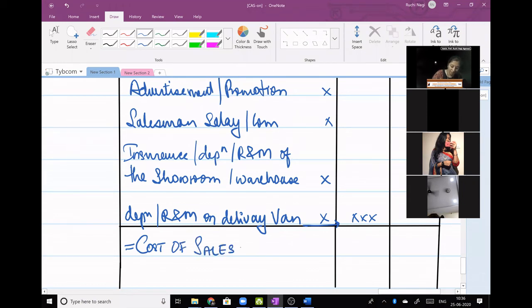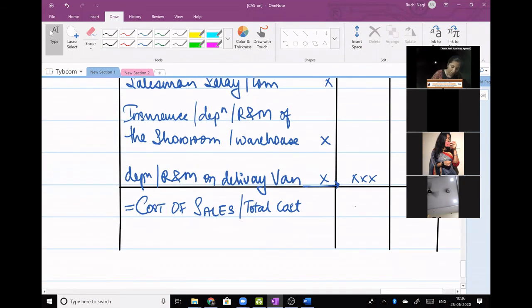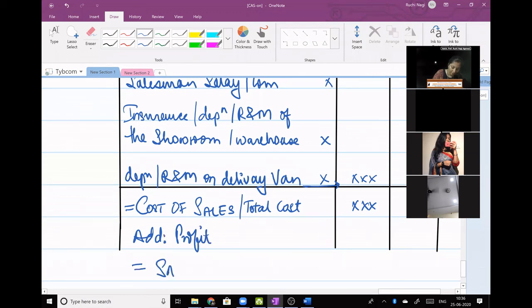Cost of sales is nothing but total cost, which you also call cost price. So cost of sales, total cost and cost price are one and the same. Then you will add profit. I will get my sales.